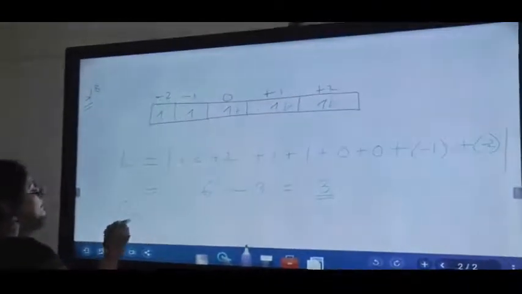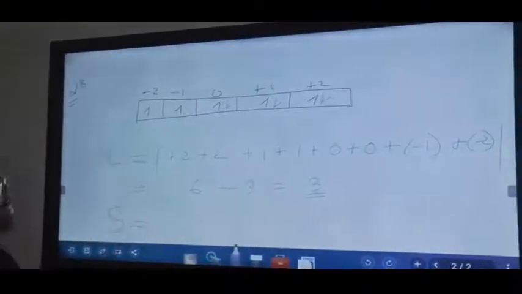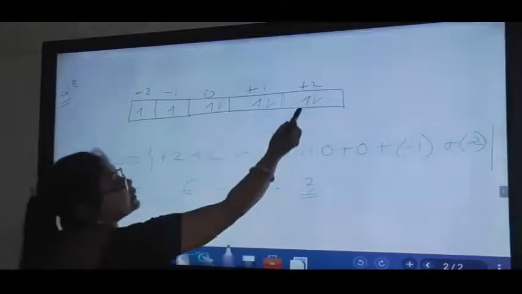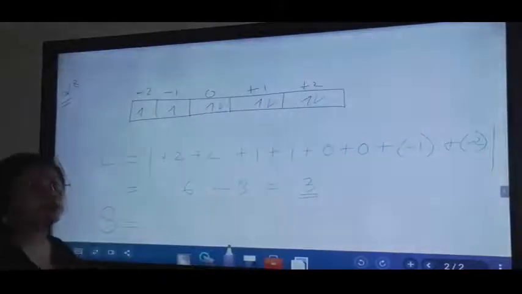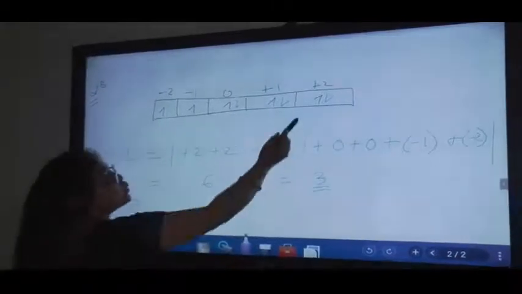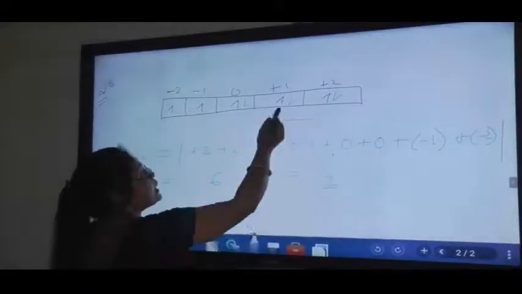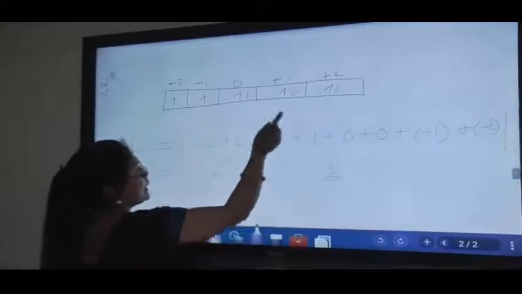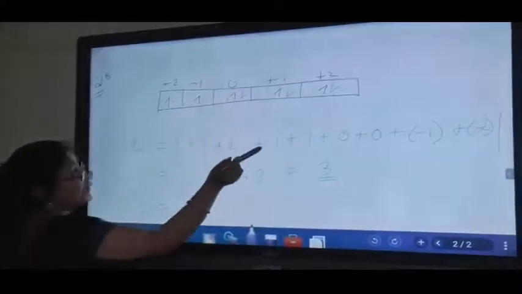Now, what is the total spin quantum number? You see that here the electrons are paired. Paired means one will be plus half, the other minus half, so they cancel out.